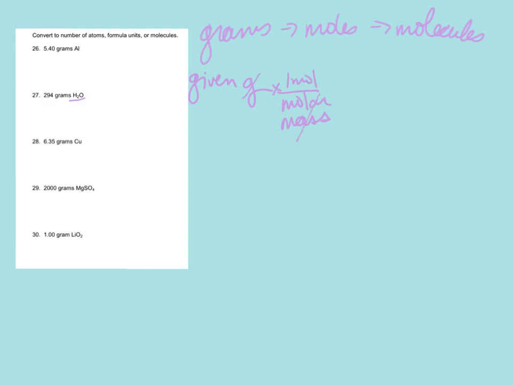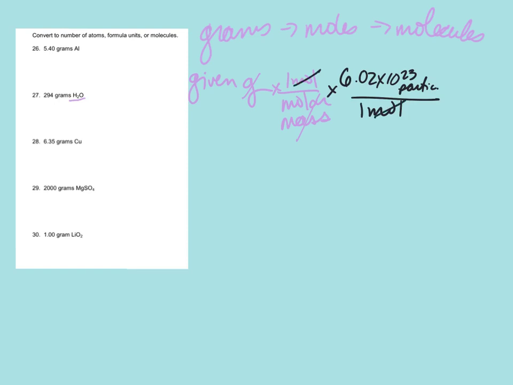So again, you could hit equals at that point, get an answer, and then set up the next part of your problem. Or you have moles, so now you're going to need to get to particles. And for particles, we know that it's 6.02 times 10 to the 23rd particles for every 1 mole of whatever, it doesn't matter what.